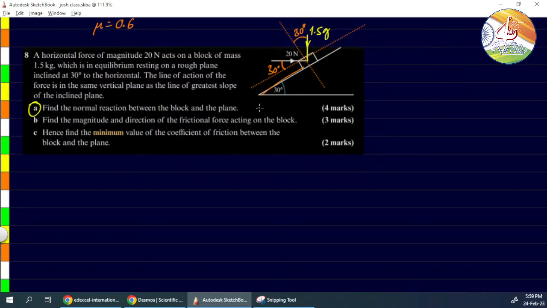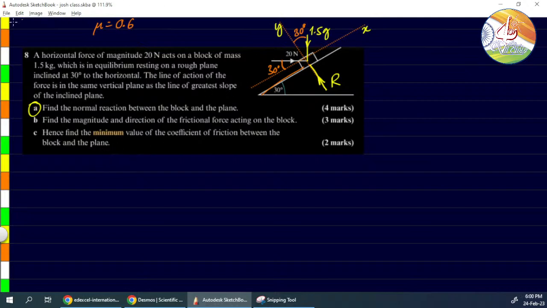So now there are some more forces. Which other forces do we have to take? We have to take normal reaction, right? So what is normal reaction? Let's write it as R, okay? So this is x-axis, this is y-axis.